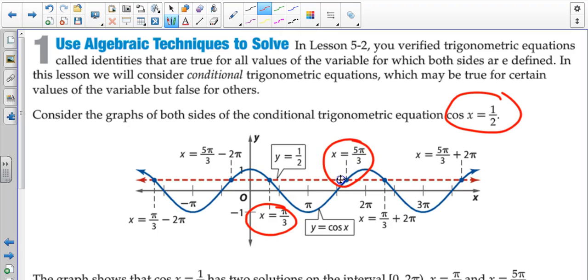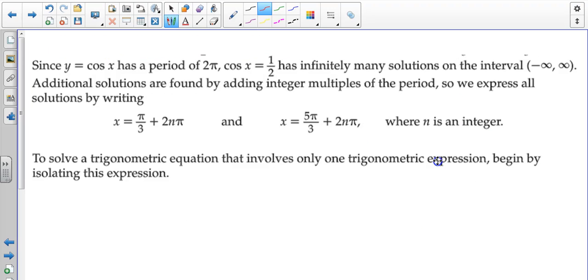Then because it says all solutions, it just says x here, it doesn't say arc cosine or inverse cosine, which would only have one solution. It's an equation, so x can repeat. So then we put on this plus or minus 2 pi thing, okay?